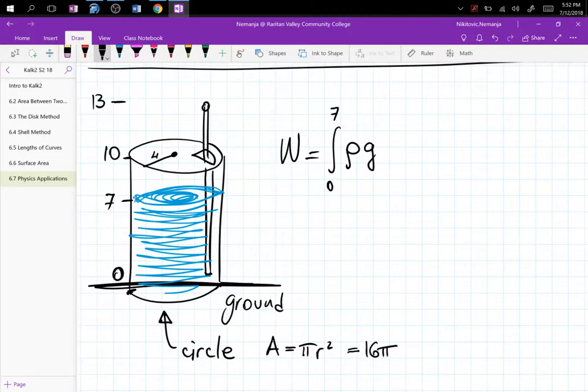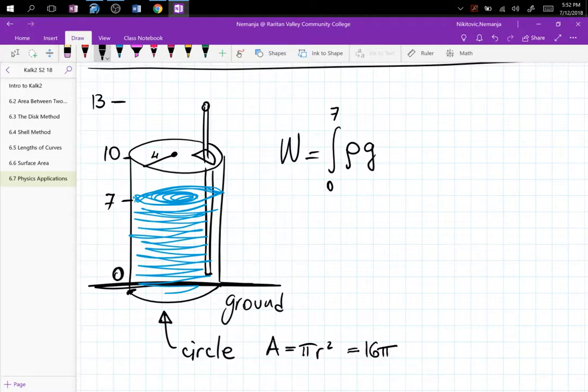We have constant surface area in this case. So my A of y is constant. It doesn't depend on the shape.